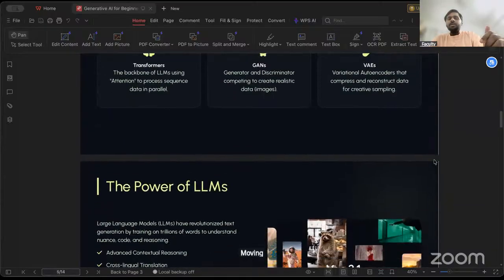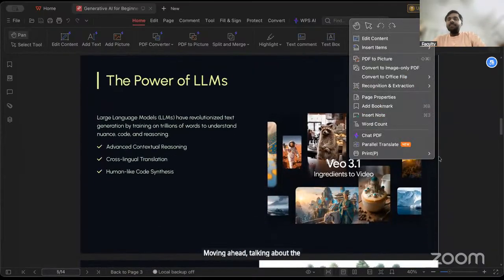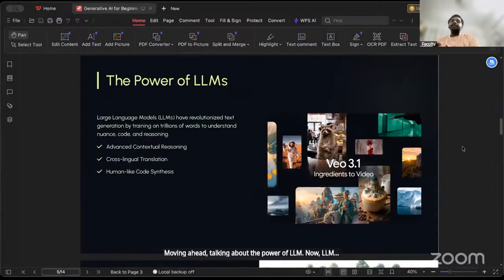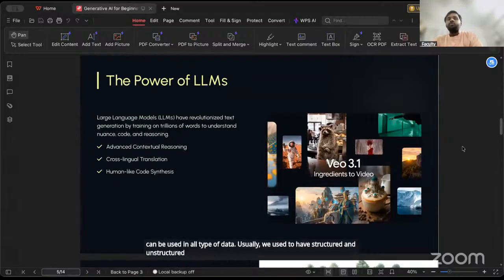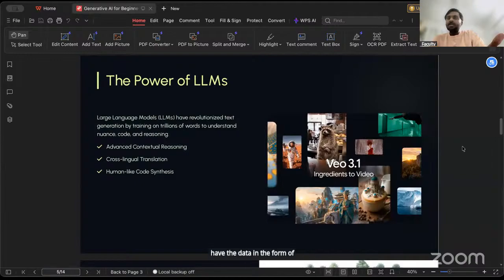Moving ahead, talking about the power of LLM. Now, LLM can be used on all types of data. Usually, we used to have structured and unstructured data. For structured data, we were able to have the data in a textual way, in the form of CSV.